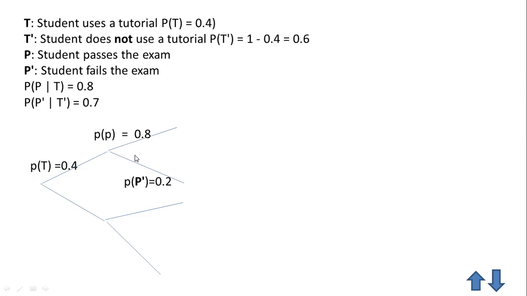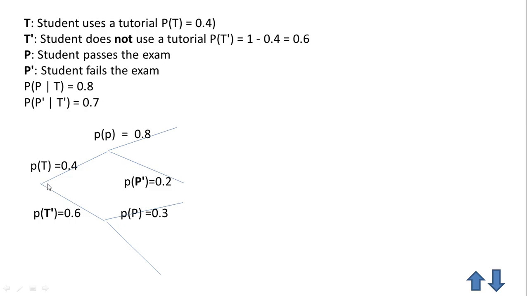If probability of passing and use the tutorial is 0.8, then probability of not passing, P prime, on this branch of a tutorial, we get 1 minus 0.8, which gives us 0.2.